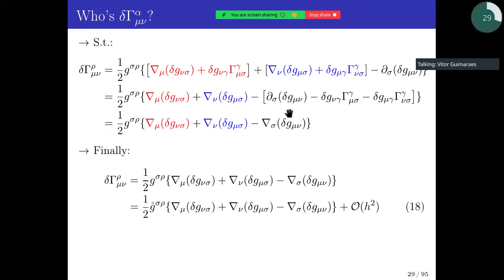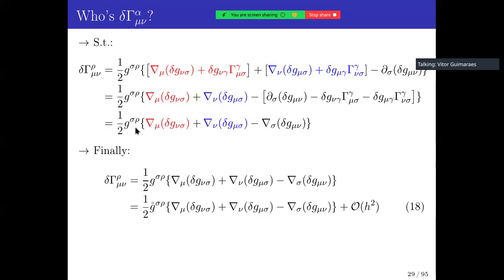So finally, we see that if we open up the full inverse metric, right? Remember that this inverse metric is equal to the background inverse metric minus the inverse of the perturbation.